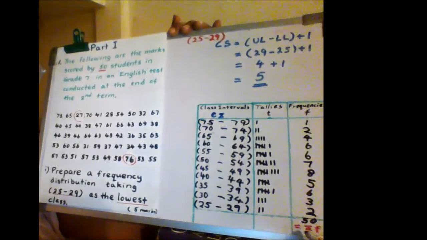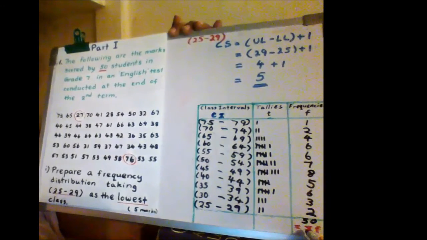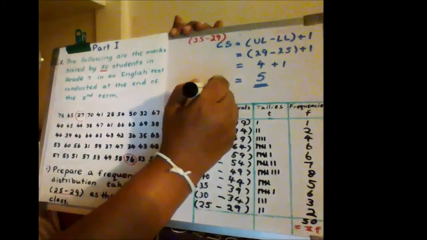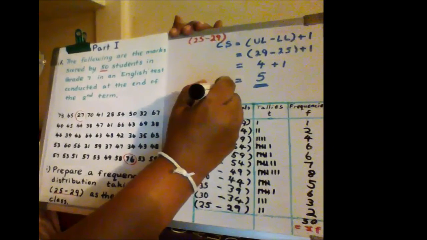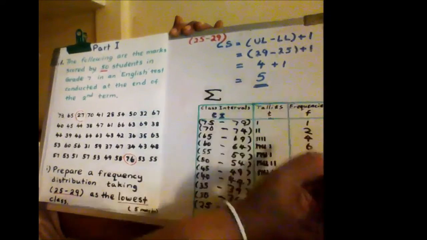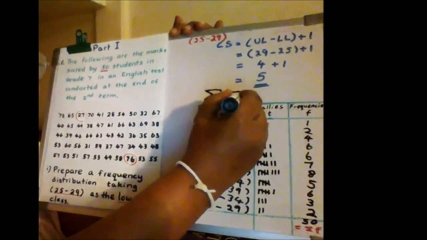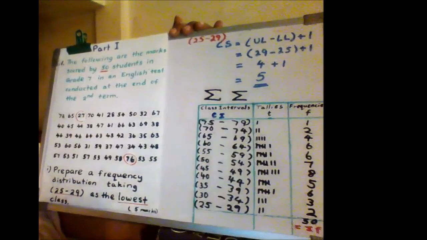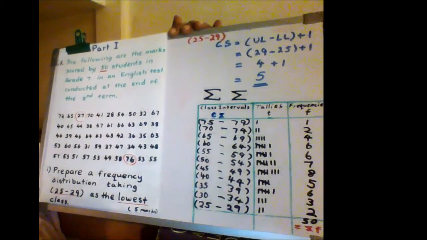That is our summation F, summation or sigma, right? Sigma. It's written like this. You can write it like this also. Sigma means summation, the total of.